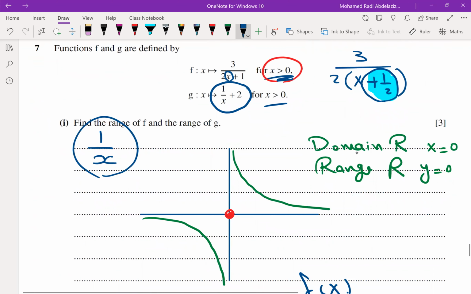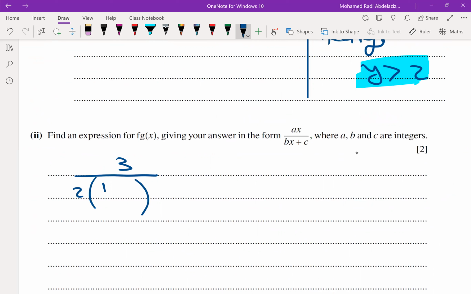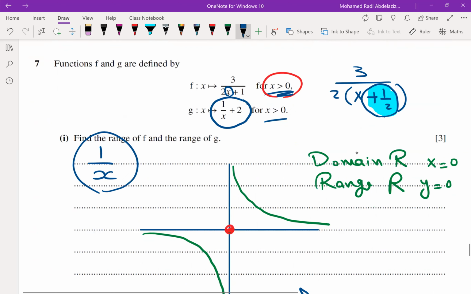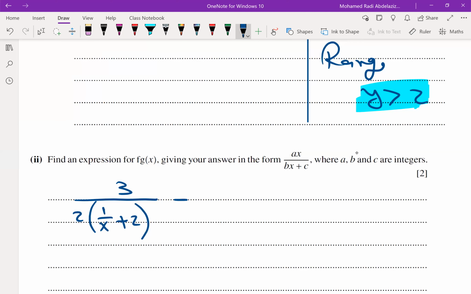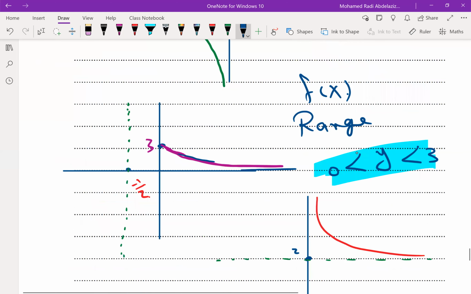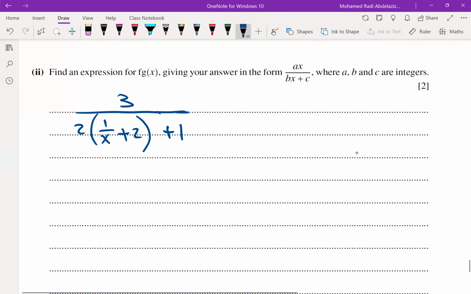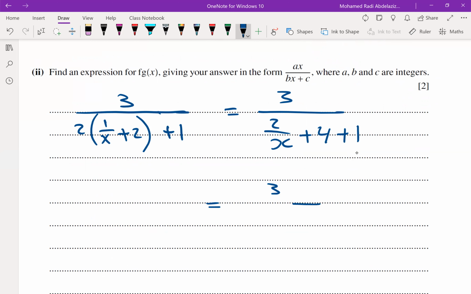Instead of x, write g(x), which is 1/x plus 2, then plus 1. You can now simplify: 3 divided by 2 over x plus 2 times 2 is 4, plus 1. You can simplify it to 3 divided by 2 over x plus 5.